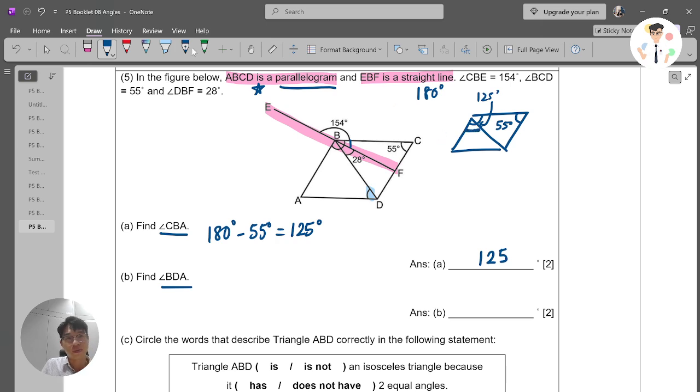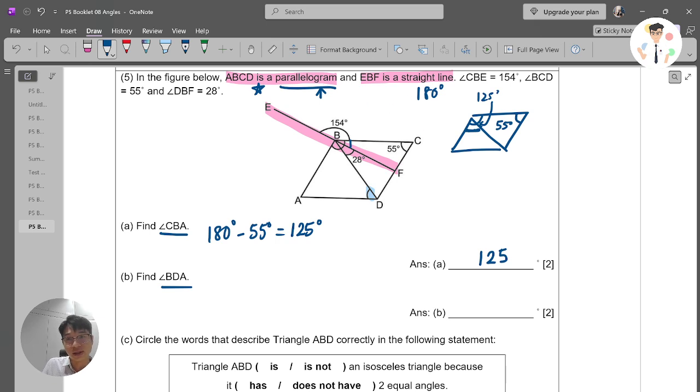I repeat, if I know the whole thing here is 125 and this is half, can I actually divide by 2? So 125 divided by 2 is 62.5. Can I do that? The answer is no. Why? Because this is a parallelogram. Again, if it's a parallelogram, you are not supposed to do that.